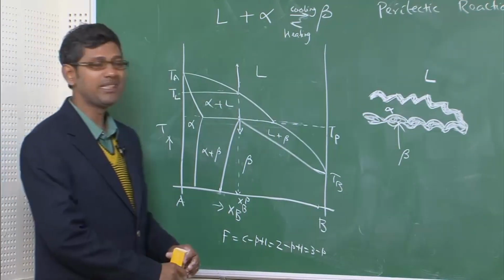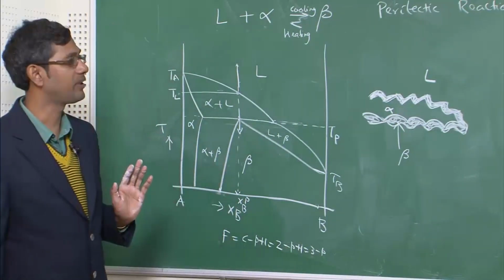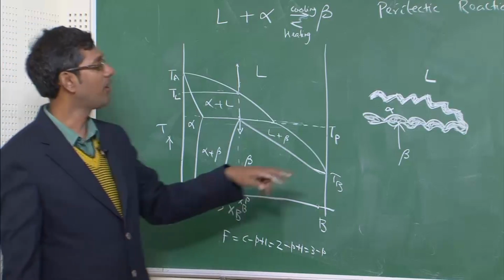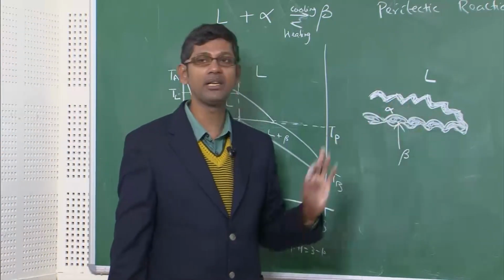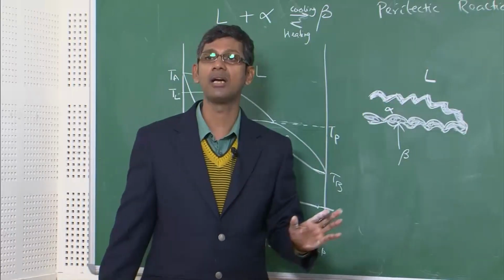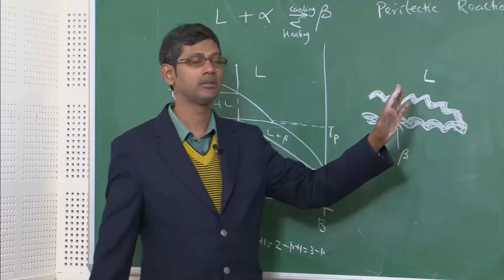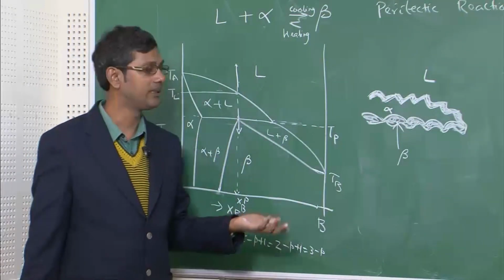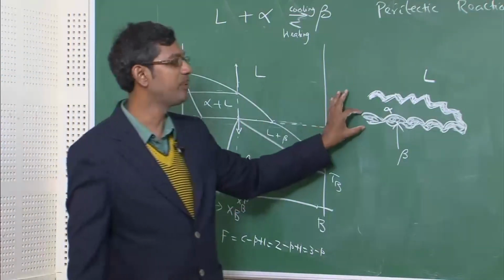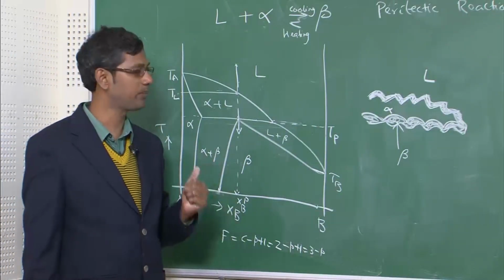Okay, so this beta which is formed on the alpha will immediately stop the reaction. Why? Because as soon as the thin layer of beta forms on the alpha, the contact between alpha and liquid is gone. There is no direct contact between alpha and liquid. So, any further increase of thickness of beta is not because of the peritectic reaction, but by peritectic transformation.